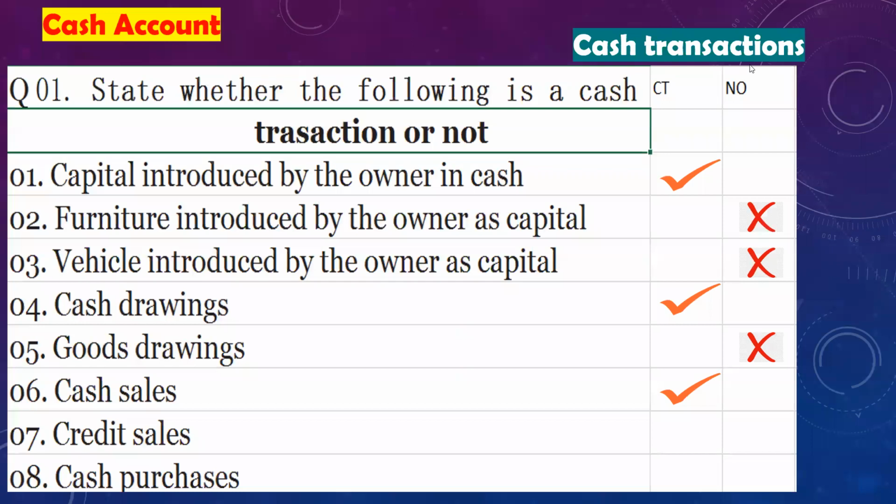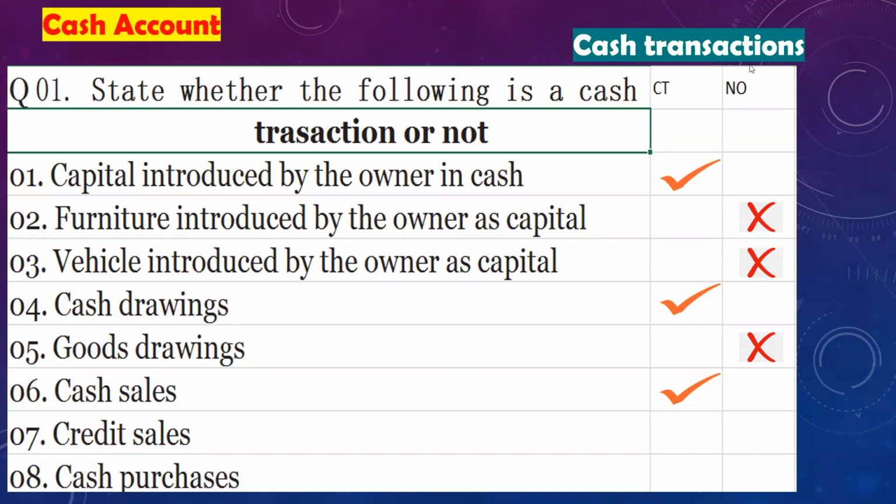We will receive later. Therefore, it's not a cash transaction. Cash transaction means on the spot, while the transaction is happening, there should be cash movement.